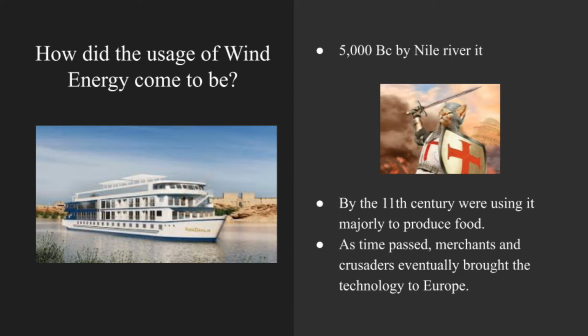So, what is the history behind when we first started using wind energy? Well, there's a few stories about around 5000 BC by the Nile River. It was rumored a person noticed the wind, then attached a little sail to a pole, caught the wind and used it to sail the river.